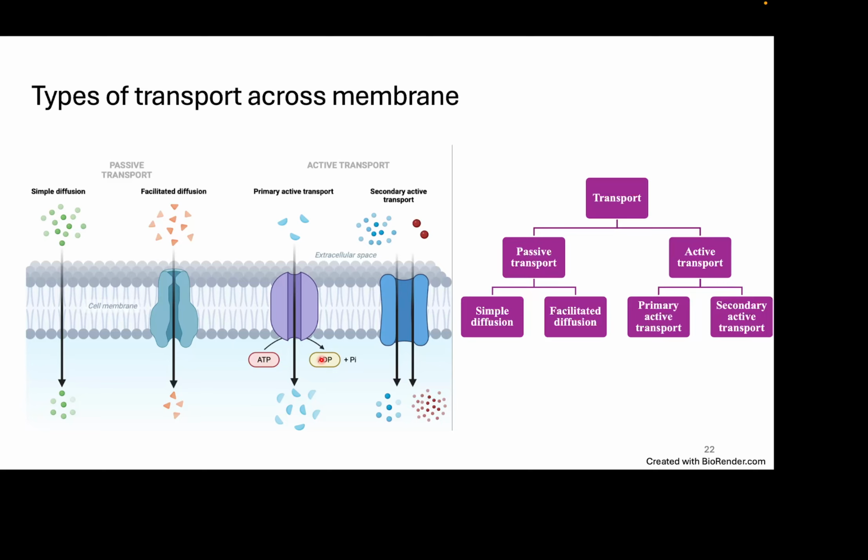In secondary active transport, again the molecules are transported against their concentration gradient with the help of a protein, but here ATP is not directly used. Instead, the energy of one molecule which is transporting alongside the concentration gradient is used to transport another molecule which is being transported against the concentration gradient.